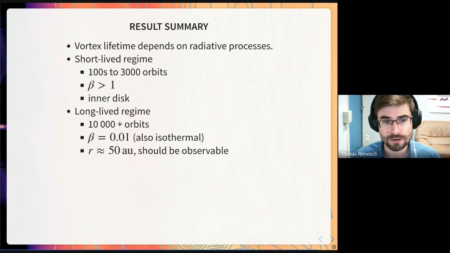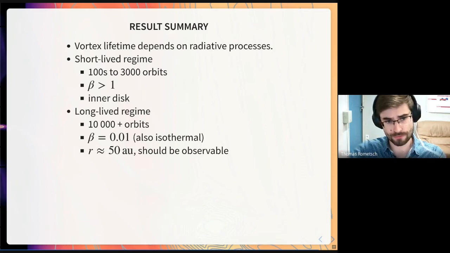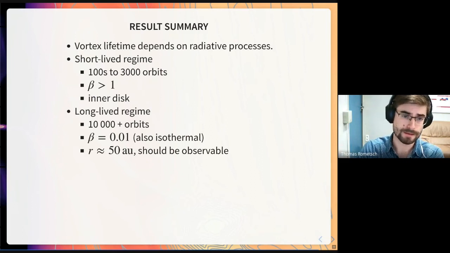And then there's the long-lived regime, tens of thousands of orbits, or 10,000 plus orbits, at beta of 0.05. So then the timescale on which it cools is very fast as compared to the orbital timescale. Of course, that makes sense. If you're further out, your orbit is longer. So if you cool on the same timescale as further in, this ratio is much shorter.